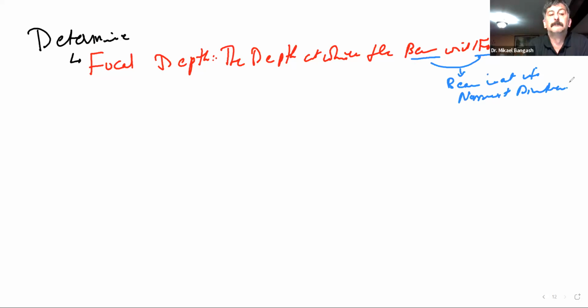Did that make sense? Yes. Right, okay. And if you look at your focal point or focal depth, this is also somehow related to what we call the near zone.